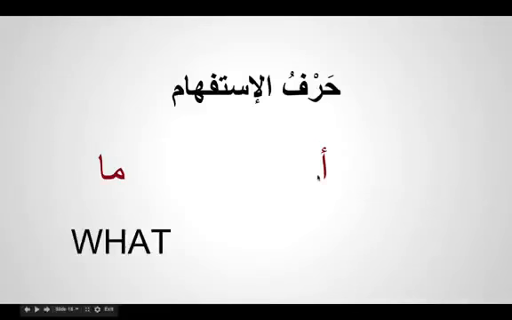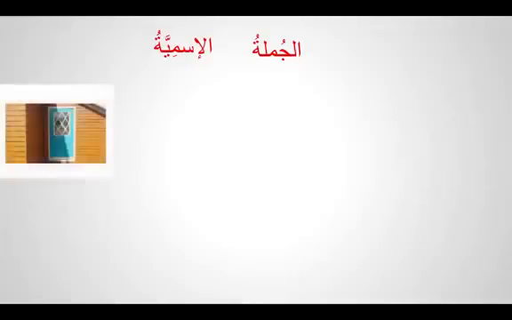So we'll be learning about two words today, inshallah. The first letter is called ma, and the second is a. Ma means what, and very soon we'll be learning about a after ma. So if you want to say what is this, what do you say? Ma hadha, what is this?